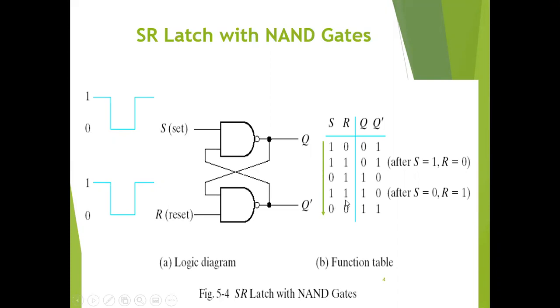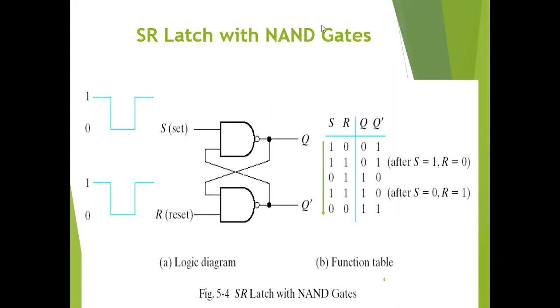When both the inputs are 1 1, the latch remains in the state it was in previously. And when we change the value from 1 to 0, then the state of the system changes, as we can see in this truth table.